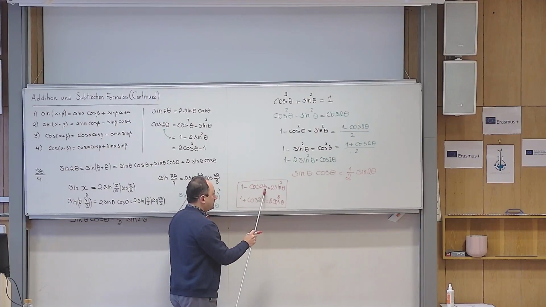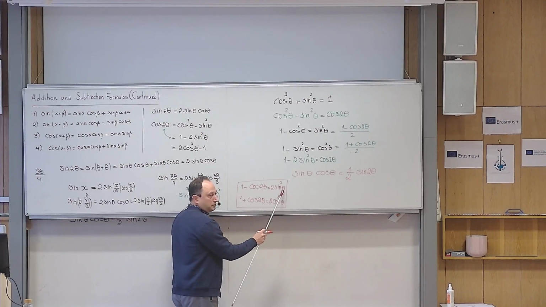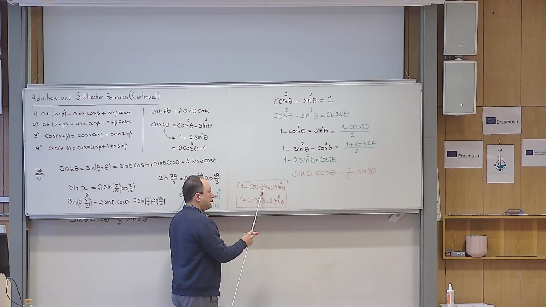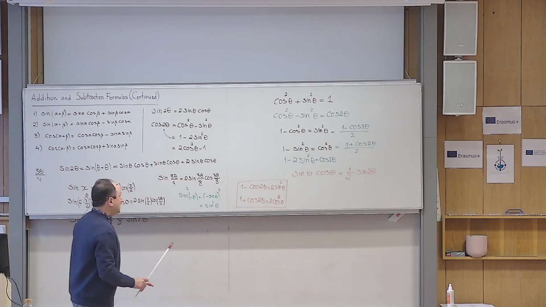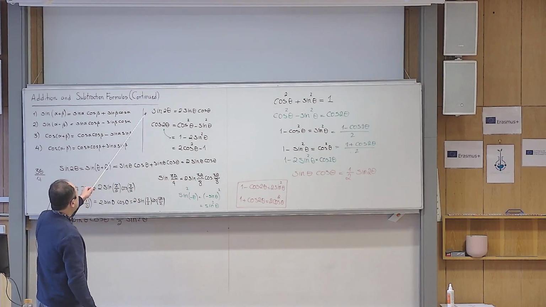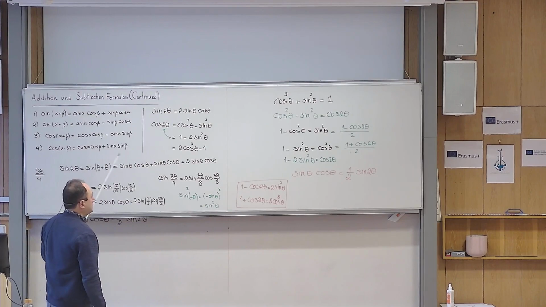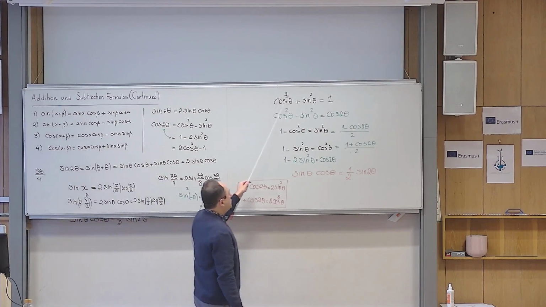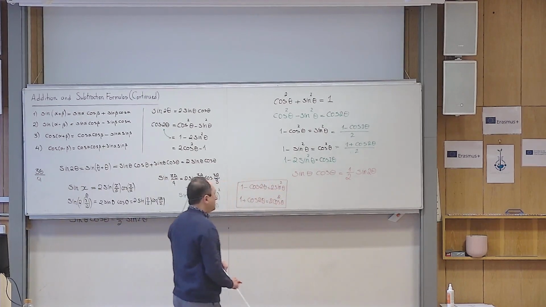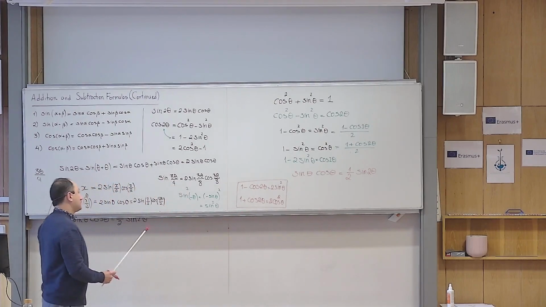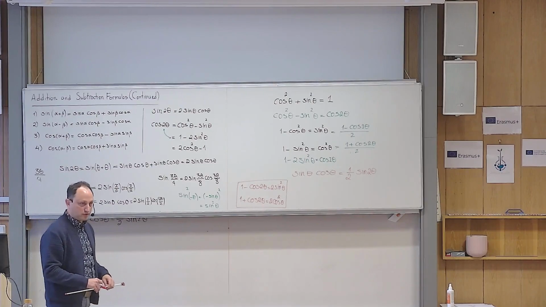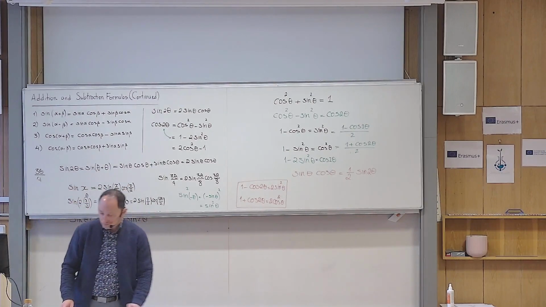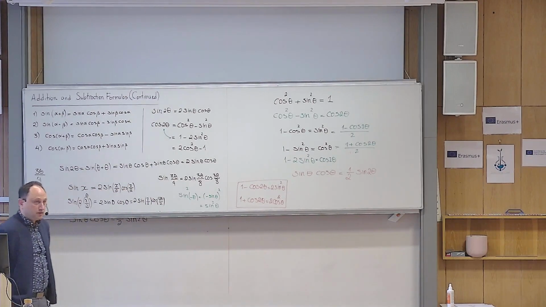Whatever angle appears here, half of it will appear here. So it doesn't matter if it is 2 theta and theta or theta and theta over 2. Anyway, you will only get these formulas in the formula sheet. But sometimes it is good to know that you can do these gymnastics on these formulas to write them in a different way, which is more suitable for the problem that you're solving. Any questions so far?